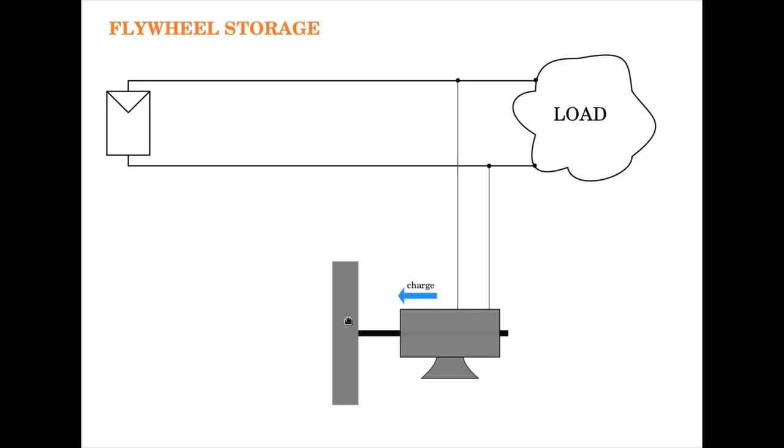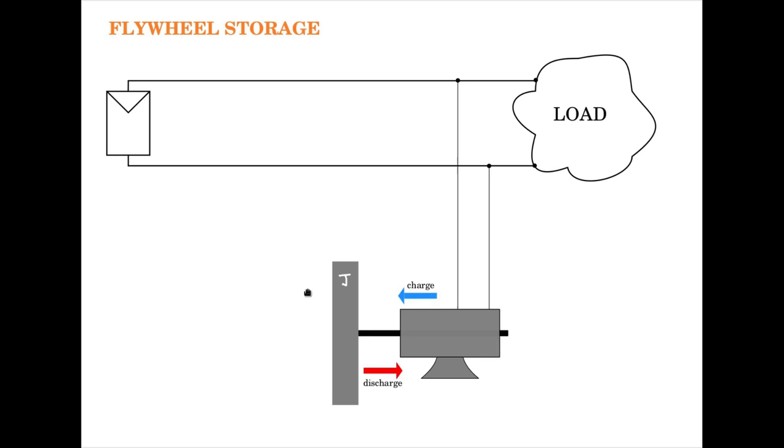The flywheel kinetic energy is increased, and you will see that it is charged up by having increased rotational angular speed. And then while discharging, the inertial energy stored in the flywheel is passed on to this machine now, which will act as a generator and puts it into the load.